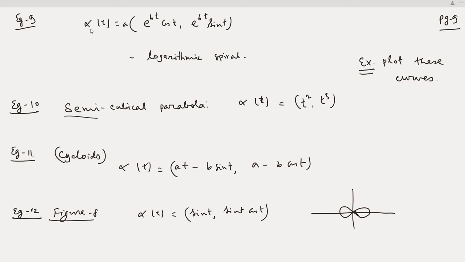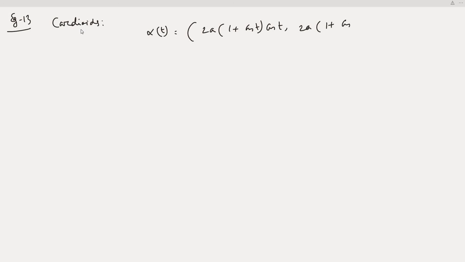Cardioids, example 13. Alpha of t is equal to (a times (1 plus cos t) times cos t, a times (1 plus cos t) times sin t).